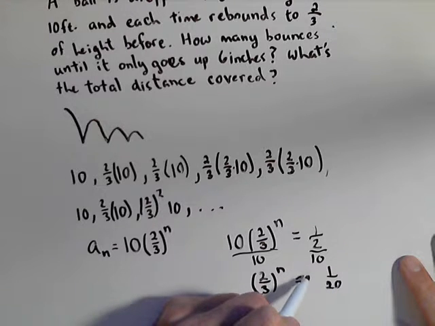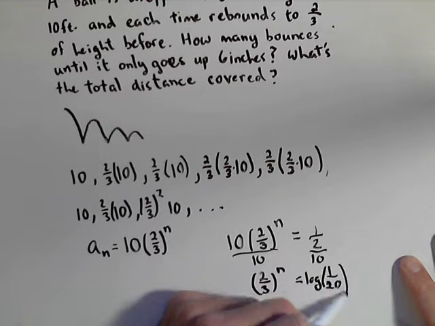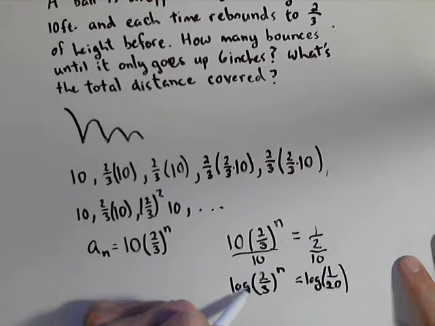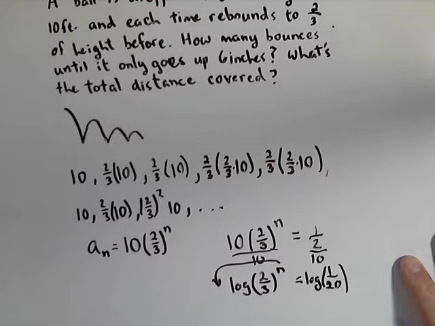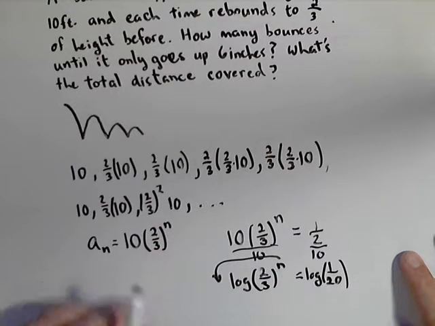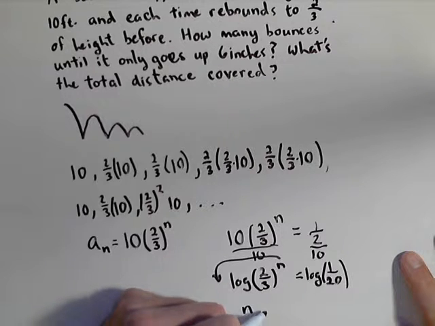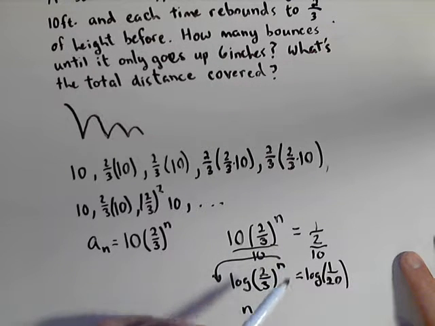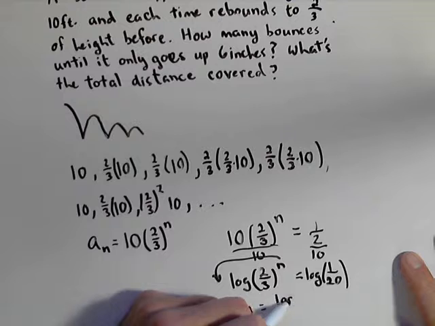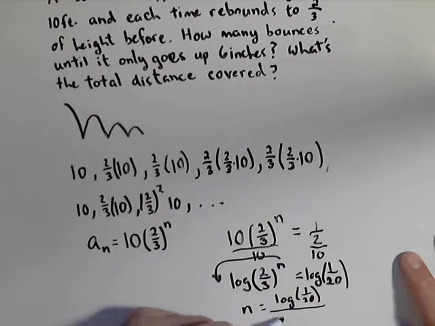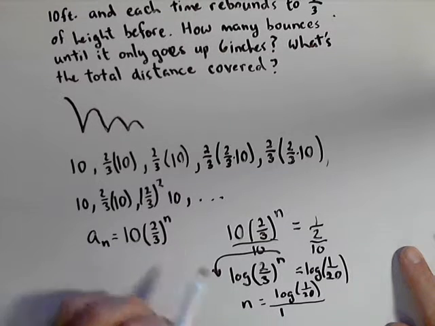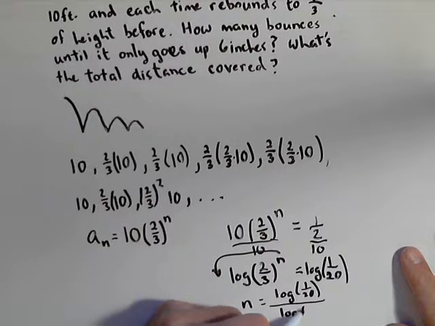Let's solve this using our logs. So log of both sides, because that allows us to pull the n out front. And we're going to get the number of bounces to be exactly 6 inches is log of 1/20 over log of 2/3.